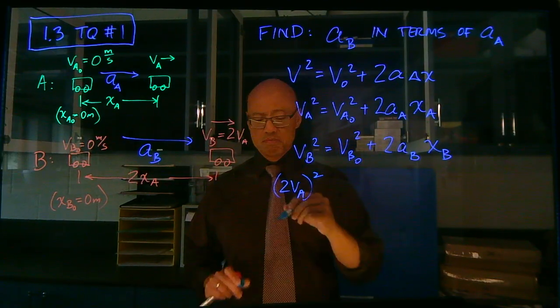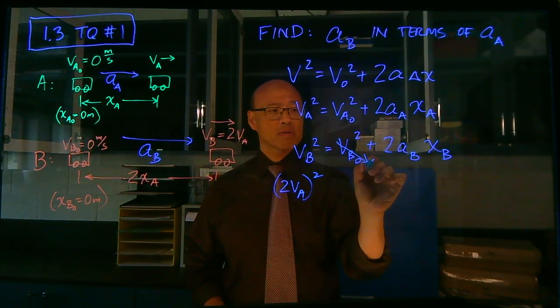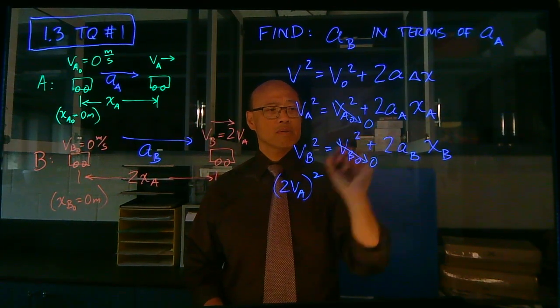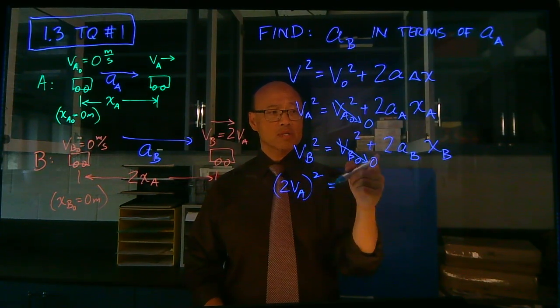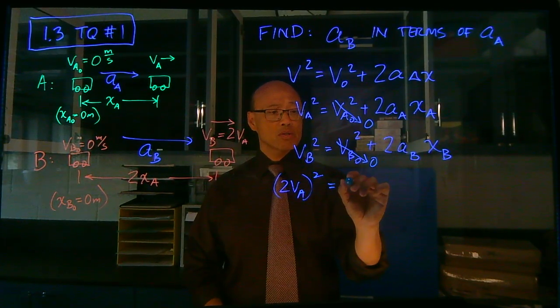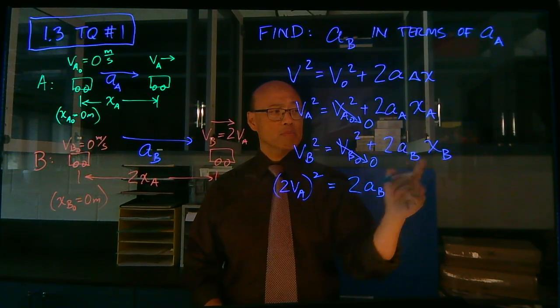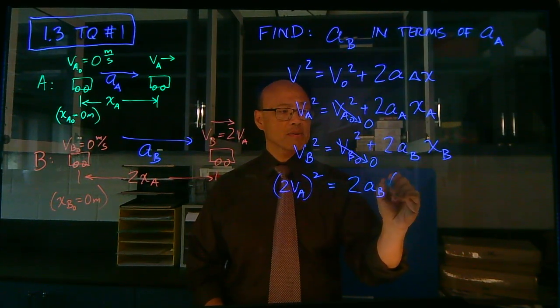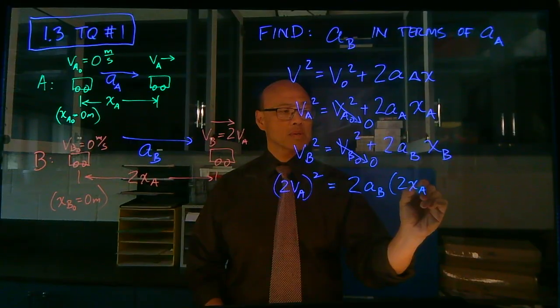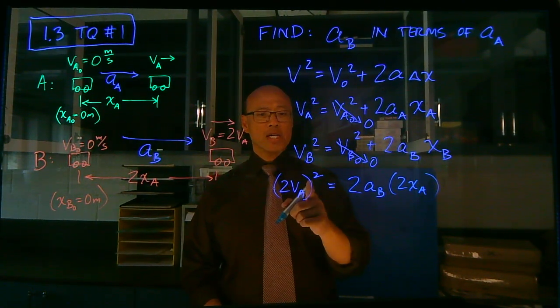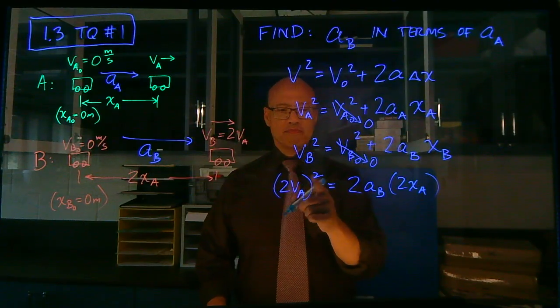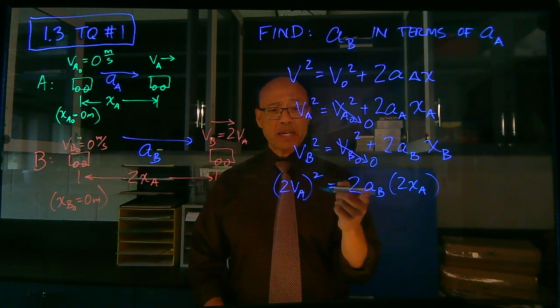So these just go to 0. And I've got VB squared equals 0 plus 2AB, but XB is just 2XA. Okay. I've got my AB there.